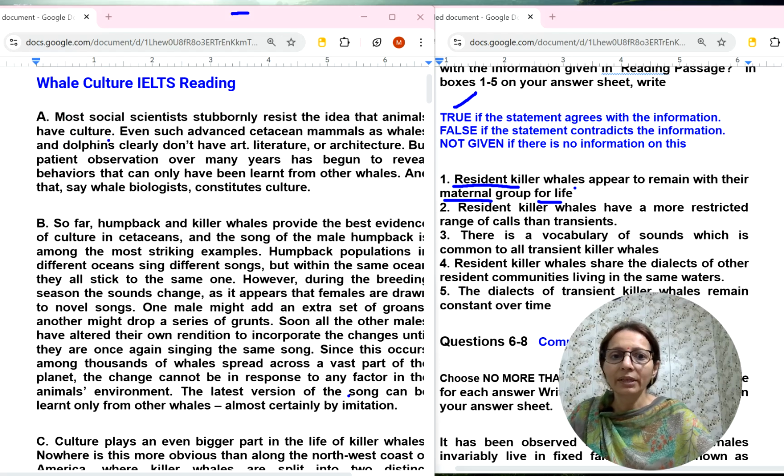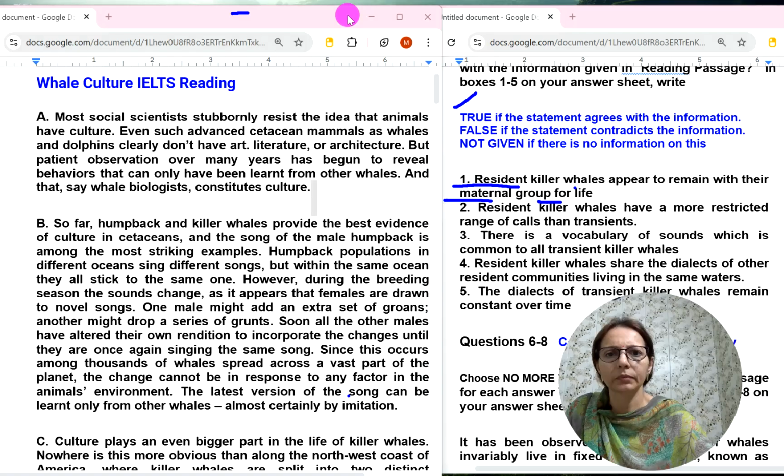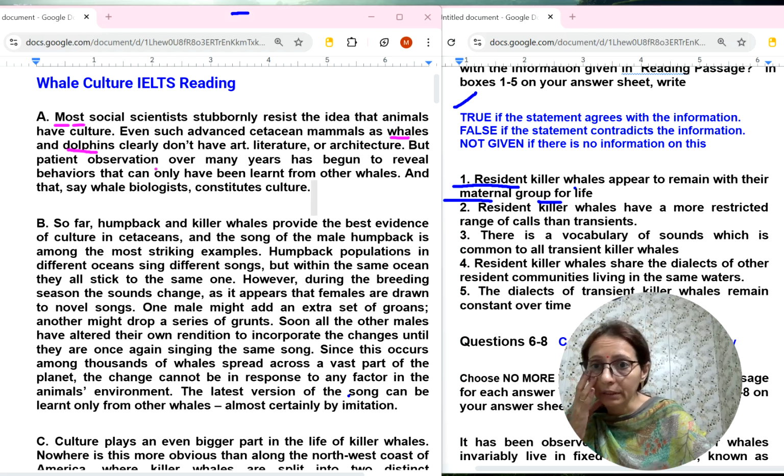I will not try to understand anything like that. I am trying to find resident killer in the first paragraph. Frankly speaking, I will just try to find the words related to my question, resident killer and maternal group. Biologist culture.